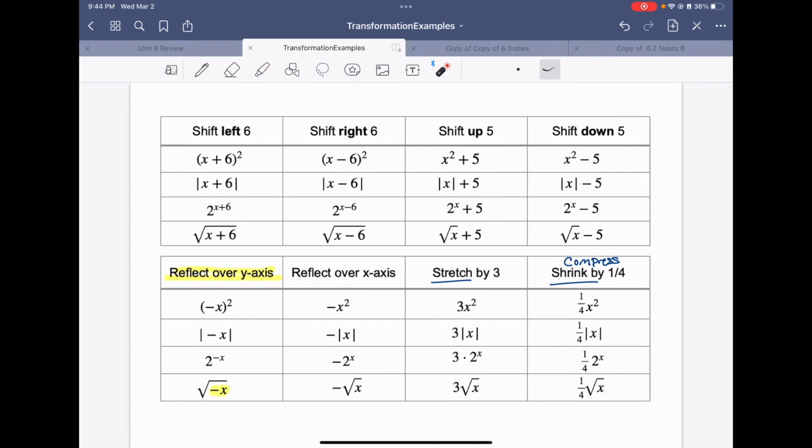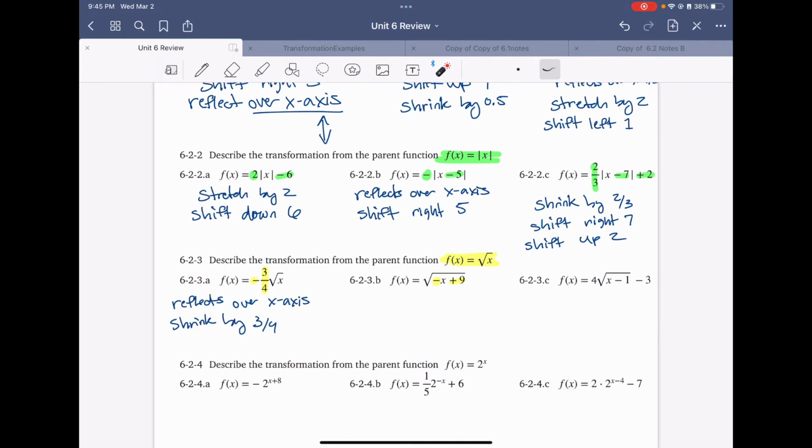One is the negative on the inside versus the negative on the outside. So this time the negative's on the inside, so it's going to be reflecting over the y-axis. Okay, reflect over y-axis. So last time the negative was in front, so it was over the x-axis. Now the negative's inside, so it's over the y-axis.